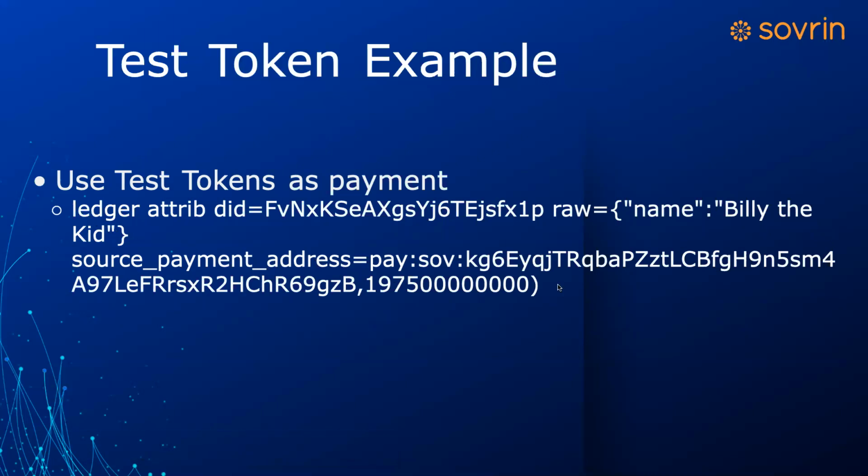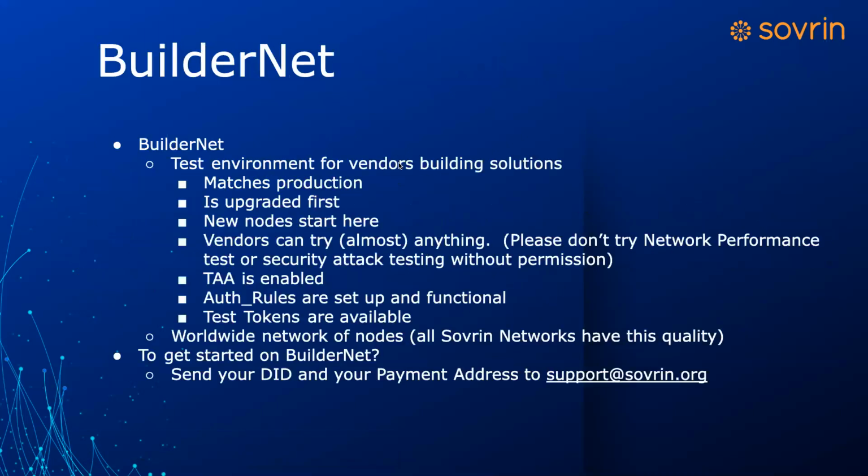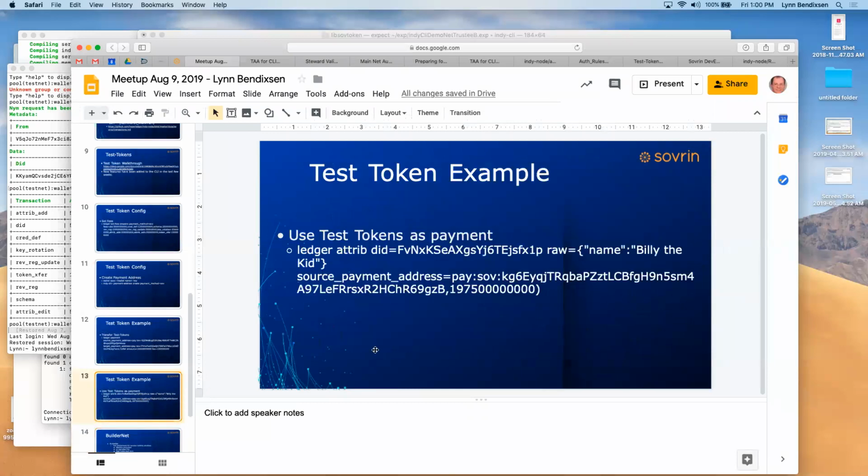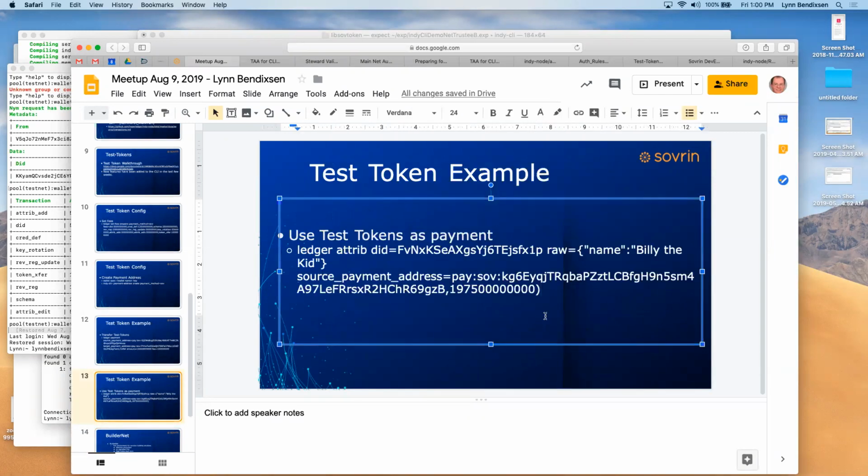And this should not be there. I apologize for that. We're going to get out and fix that so that you don't have the wrong example here. Sorry, this is a little bit of the old way. The old way you had to do some math and figure out how many tokens you'd have left after the fee and everything. But the new way, they have the CLI doing it for you.